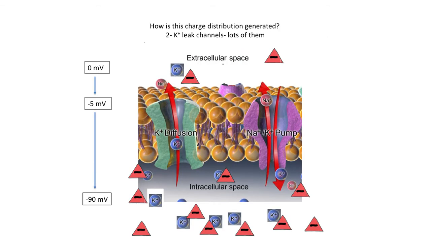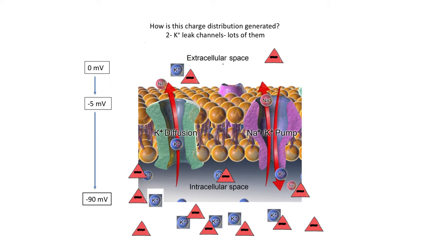So the second factor is channels that are permeable to potassium, and they allow potassium to leak out of the cell. That's why we call them leak channels. So this movement follows the concentration gradient of potassium. So these channels will allow potassium to follow its concentration gradient out of the cell.